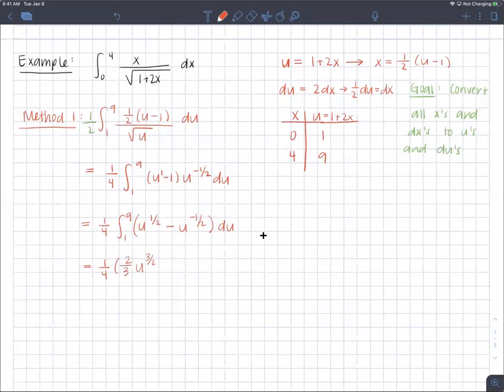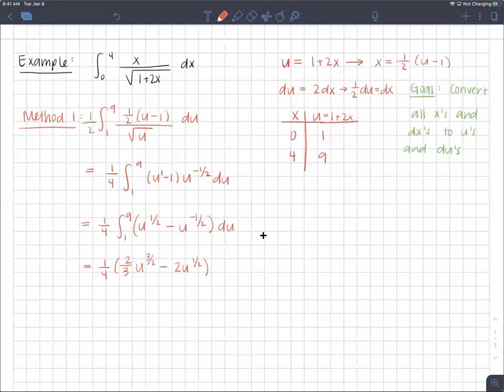So you're going to have 2/3 and then minus, and then u to the negative 1/2 power. I'm going to do the same thing again, right? So I'm going to add 1, but then if I were to take the derivative of that, I'd get 1/2 u. And so you're going to multiply that by 2. So you're going to get 2u to the positive 1/2 power. And it stays minus right here because that stays unaffected.